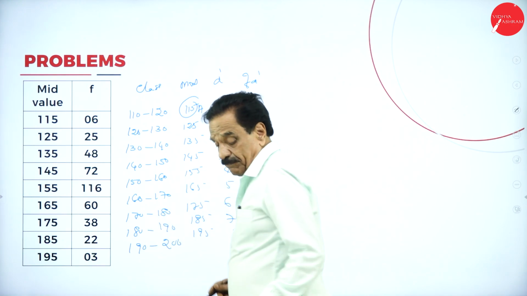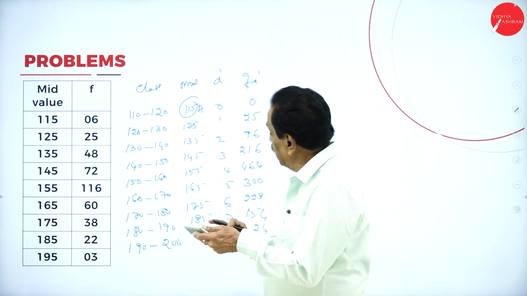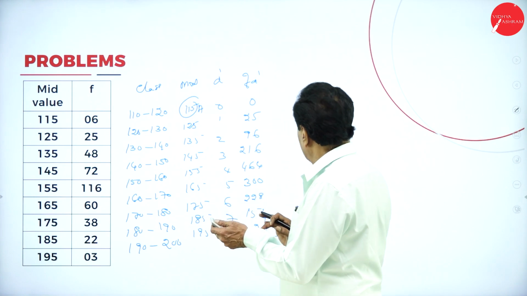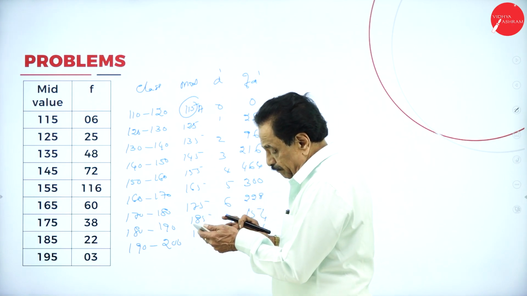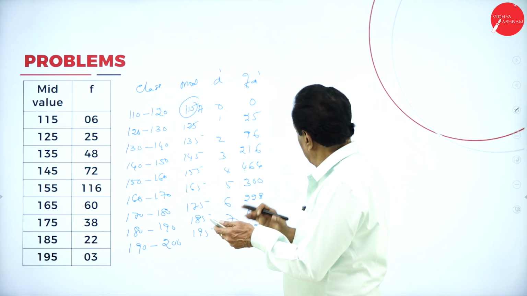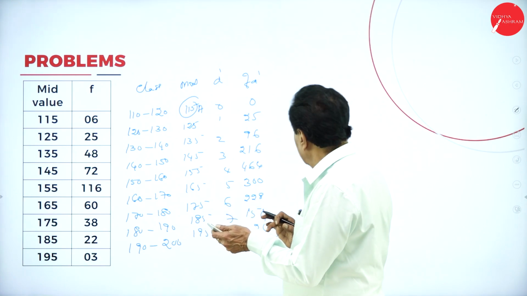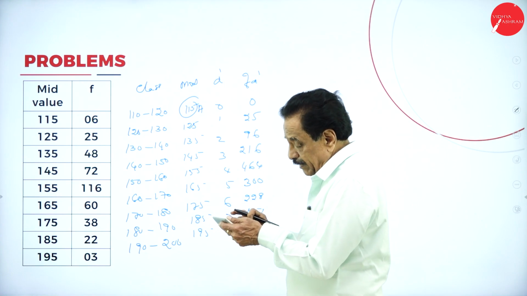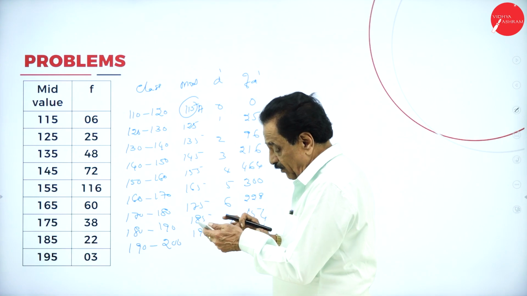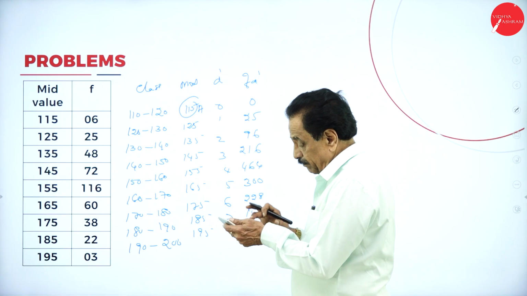Now add the figures one by one. What is the first number? 25 plus 96 plus 216 plus 464 plus 300 plus 228 plus 154 plus 24.